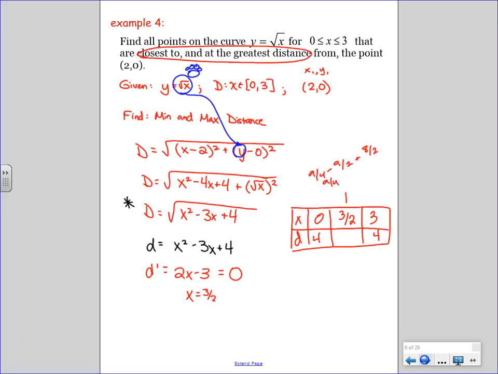That'd be 9/4 minus 18/4, which is negative 9/4 plus 16/4, 7/4. Is that right? That's what I got. Sweet.